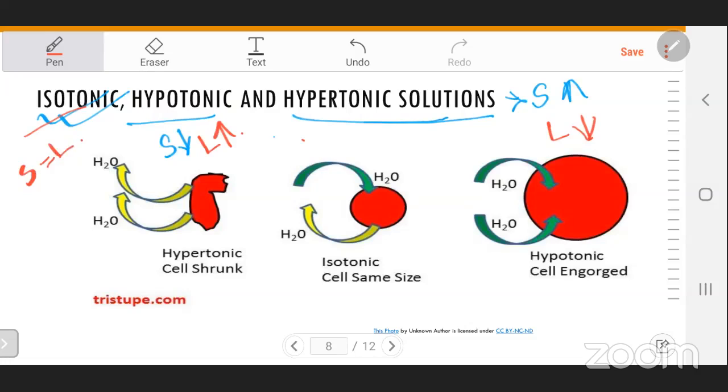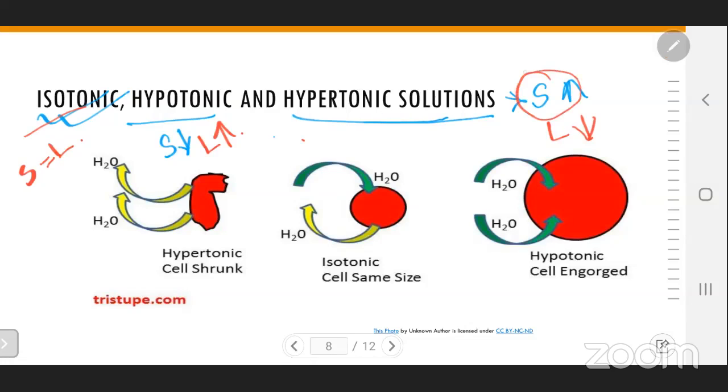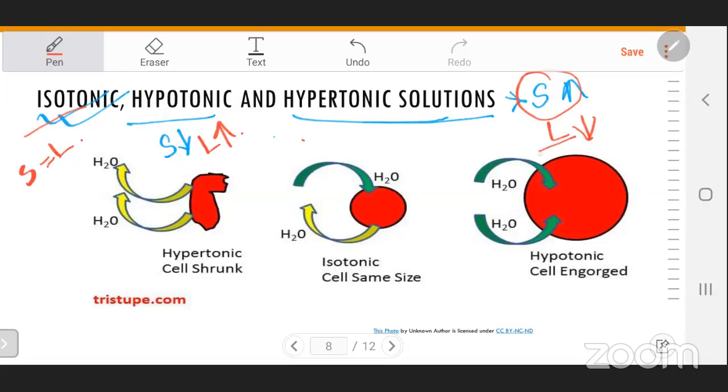So when we put a cell, like I have put the egg cell or the resin, in a hypertonic solution, the cell will shrink. Why? As I have told you, a hypertonic solution has a large amount of salt or solute concentration, but a very low amount of water, that is solvent concentration.